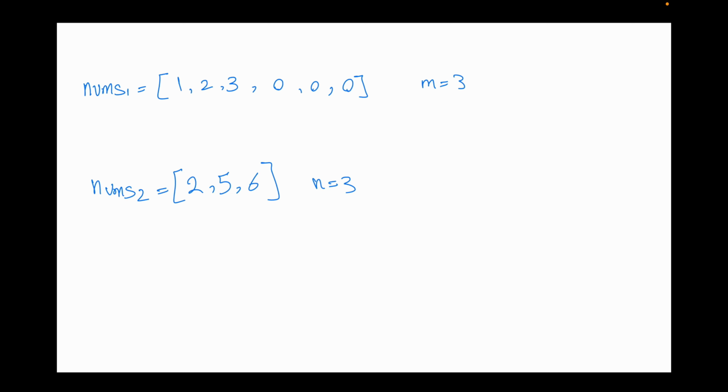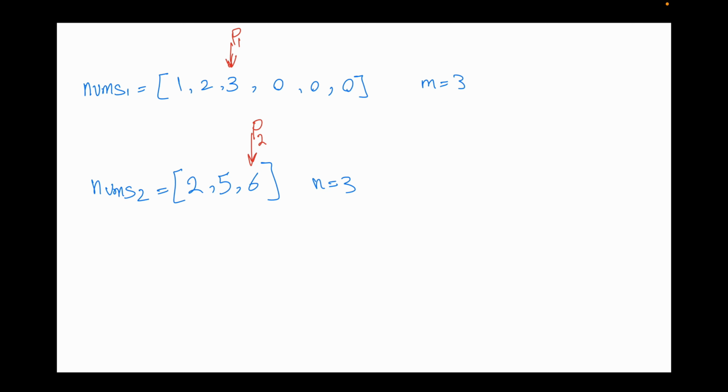The way that we can solve this is to use 3 different pointers, and we set our pointers at the last values in our arrays. So I put one pointer p2 here, one pointer p1 here, and one pointer to write the correct value into nums1.